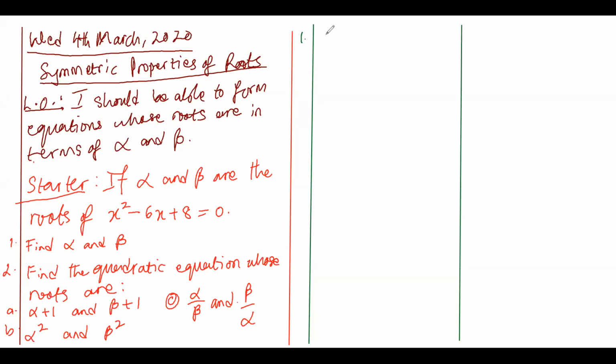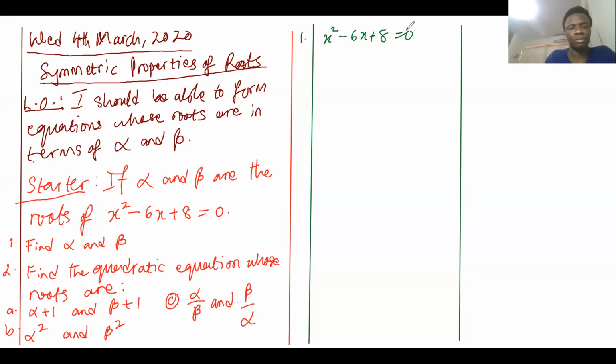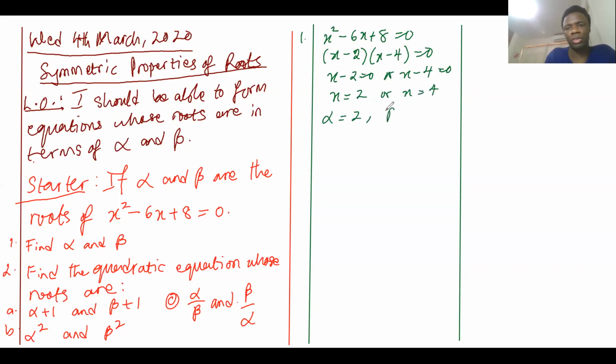So for question 1, I expect you to solve like we always do. So by factorization, I intentionally chose this so it is easier. And many of you did. So x is 2 or x is 4. So in my case, alpha is 2 and beta is 4. Yours might be 4, 2. And there should be no or in this case.